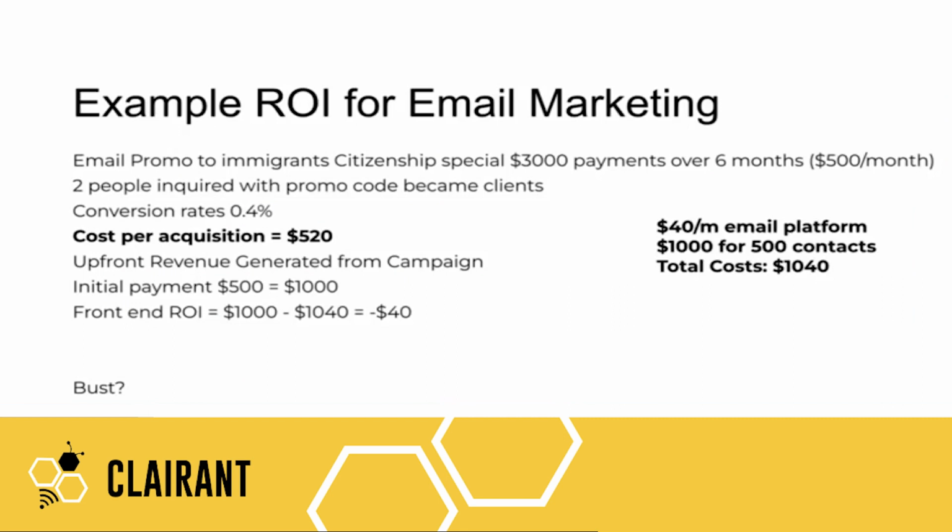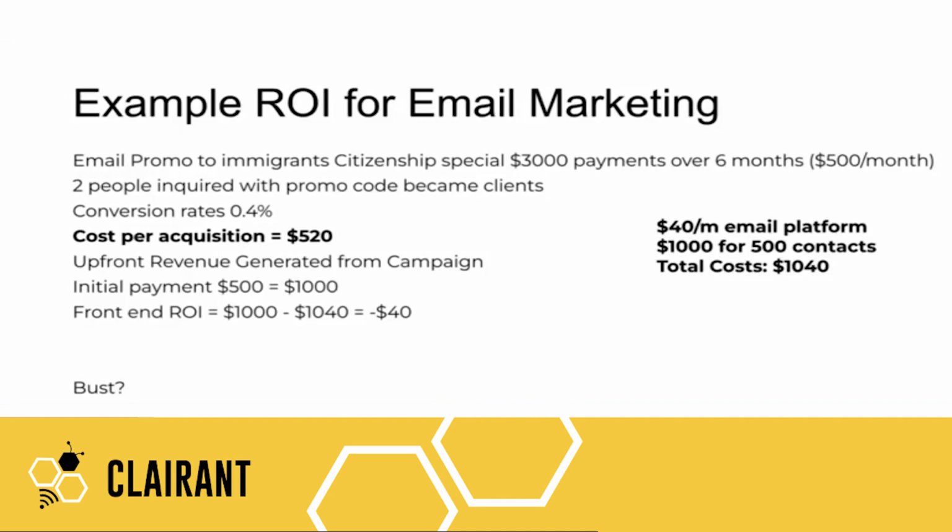So let's go over an example return on investment for an email marketing campaign. Let's say you are an immigration lawyer, and you are giving out a citizenship special for $3,000. Now, you guys might be laughing at me because this is too little or too high or whatever, probably too little. But let's just say $3,000, but you are accepting payments over 6 months for this service.